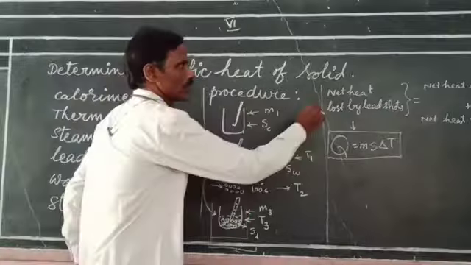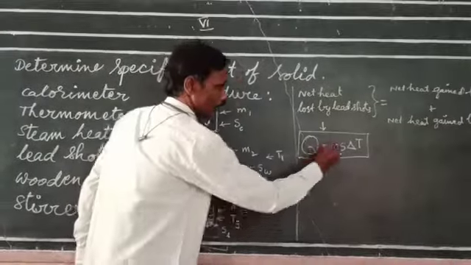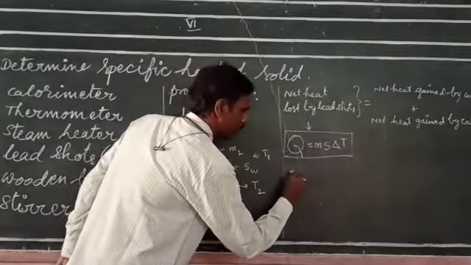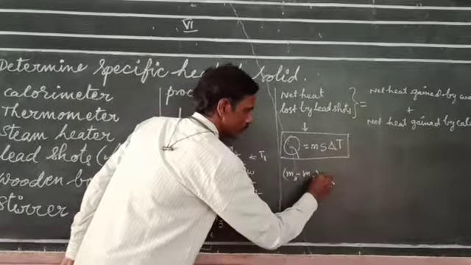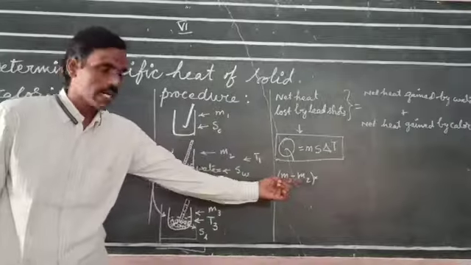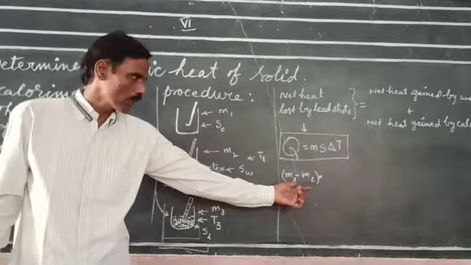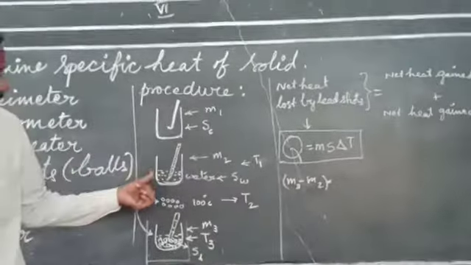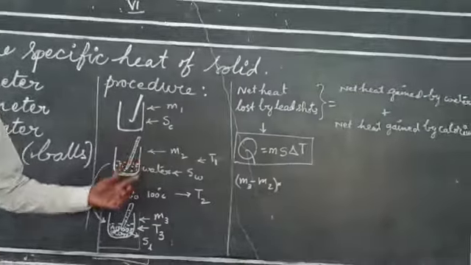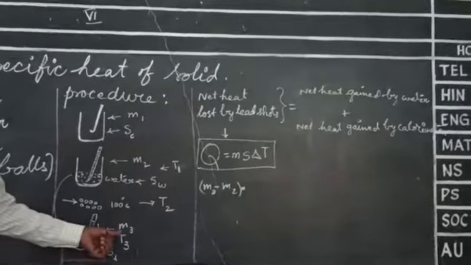That means the net heat lost by the lead shots is equal to M3 minus M2, that is the mass of lead shots. How did we get the mass of lead shots? By subtracting M2, the mass of water and calorimeter, from the mass of the contents.